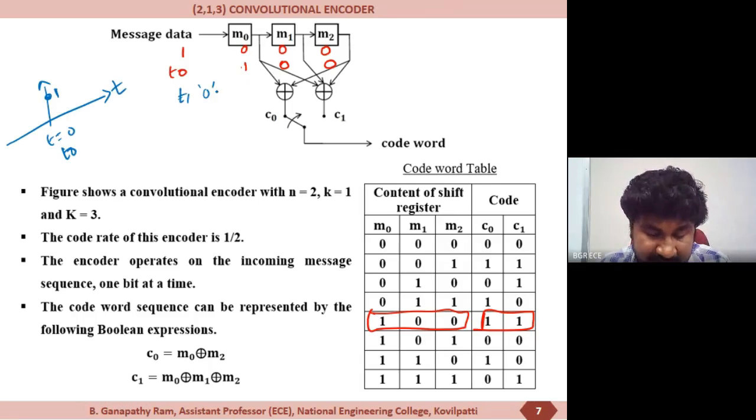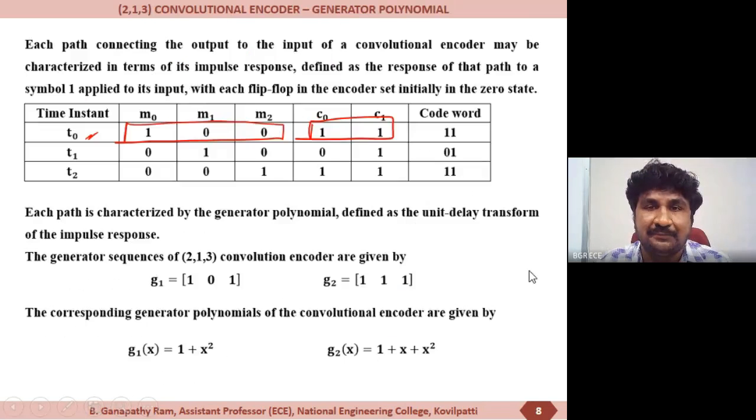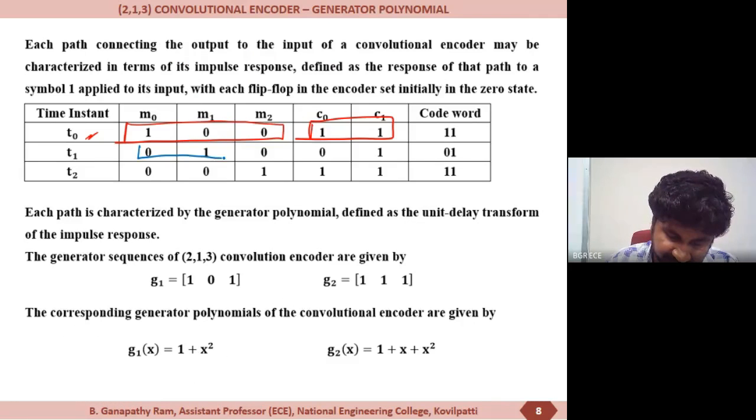The second time, the input 0 is loaded, so the content of m1 is shifted to m2, the content of m0 is shifted to m1, and the fresh input is loaded here. So now the content of the shift register at time t1 is 0 1 0, and the corresponding code word produced by the encoder is 0 1, which is represented here.